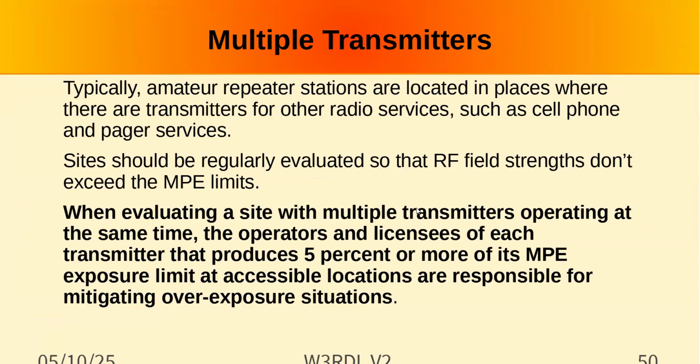You can have a situation where there's multiple transmitters in an area, like broadcast sites or places where you've got a lot of people with different antennas on the same tower or in the same area. So they come up with this thing on how you evaluate the site.